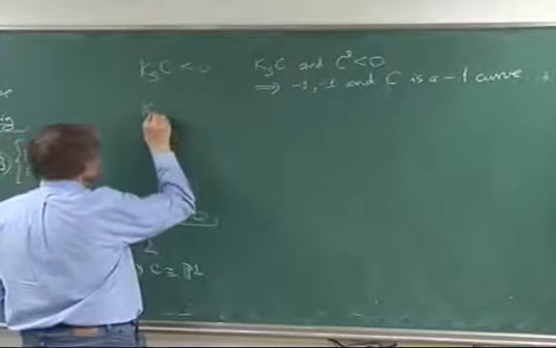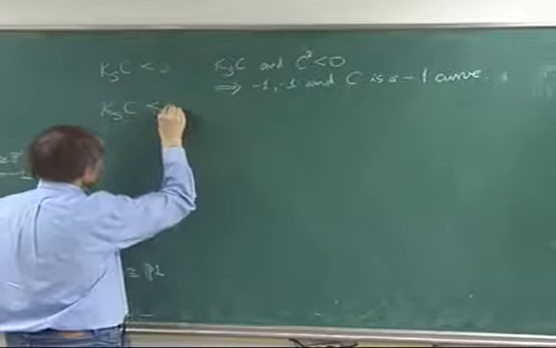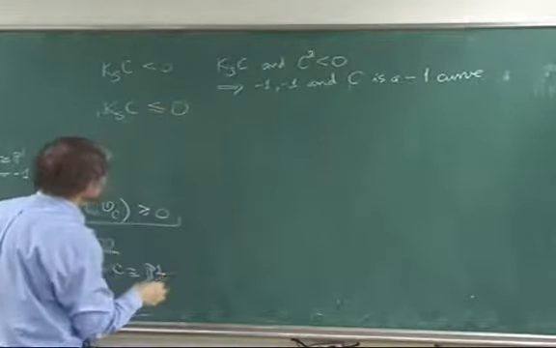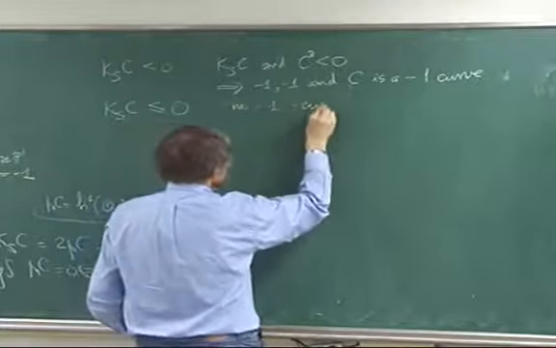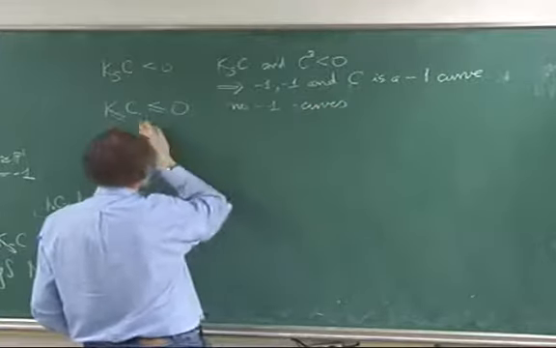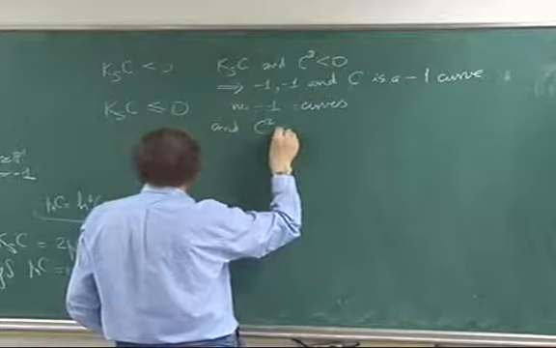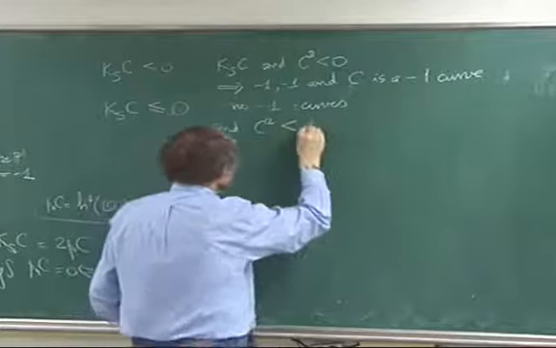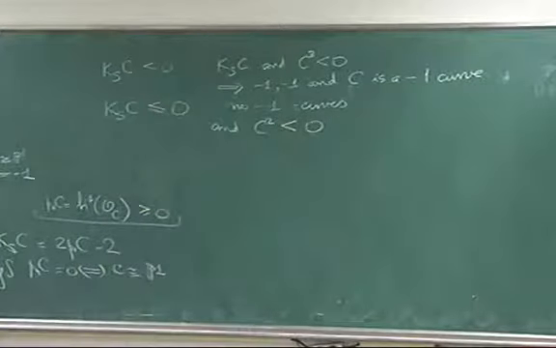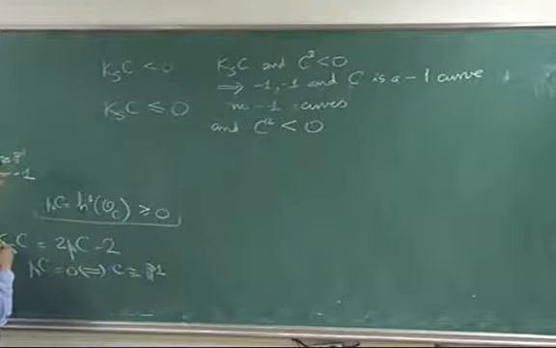Okay, so what happens if Ks times C is less than or equal to 0? What happens if I run the same argument? So I'm assuming now no -1 curves. What happens if Ks times C is less than or equal to 0 and C squared is less than 0? So now there are two numbers that add up to an even number which is greater than or equal to -2.